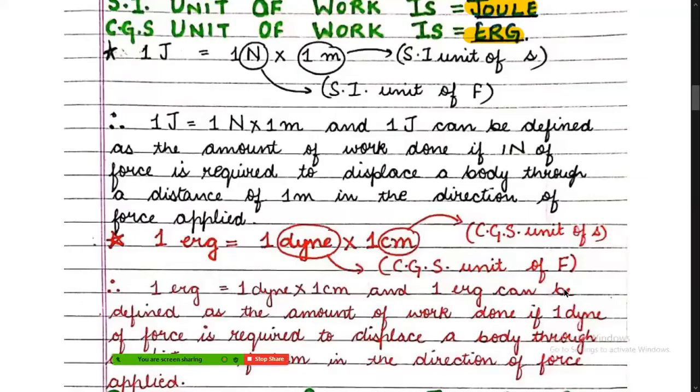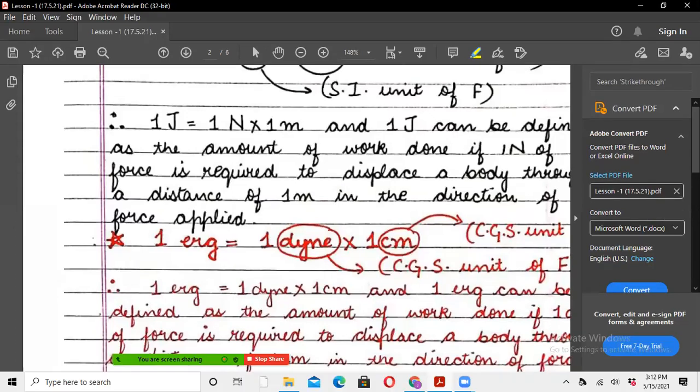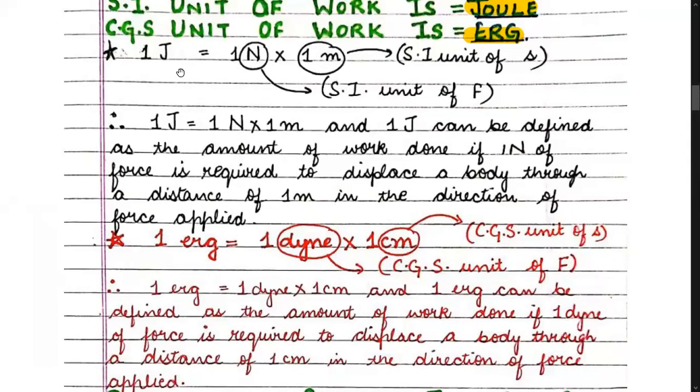So let us see how we can define the SI unit of work. Children, first step is to write down the formula of joule. 1 joule is equal to 1 Newton multiplied by 1 meter.